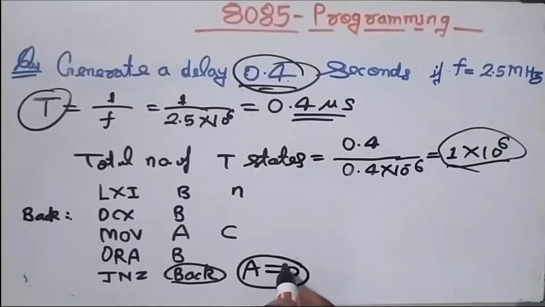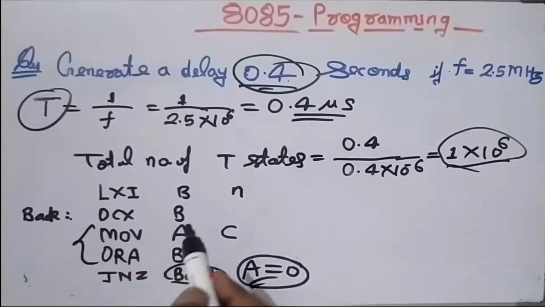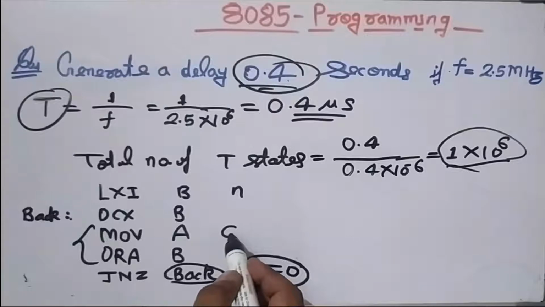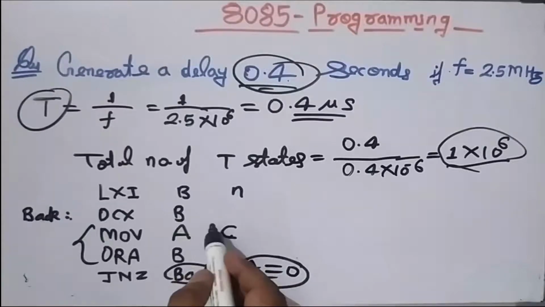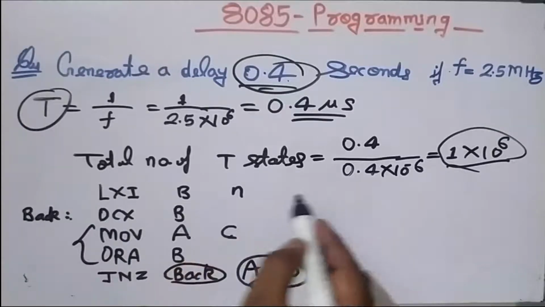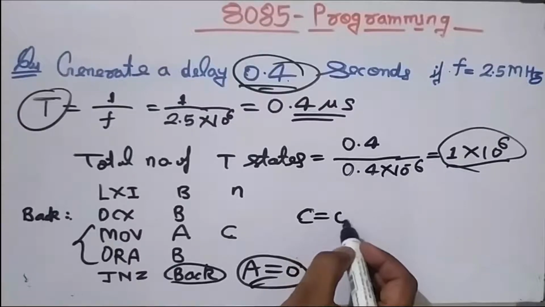Then how can we judge this status? For this we have applied a logic. Look here, MOV A, C: the data contained in C is moved to A. If decrementation starts, then after some decrementation there will be a situation when C equals 0.